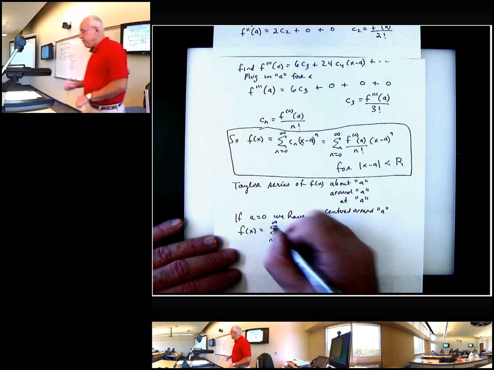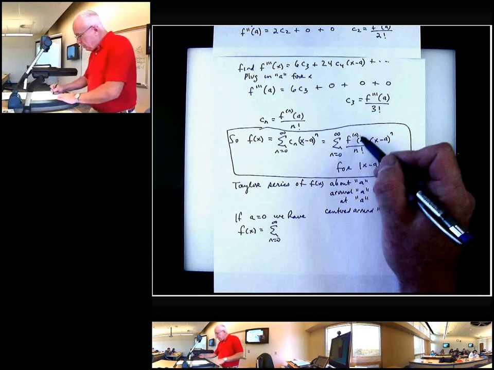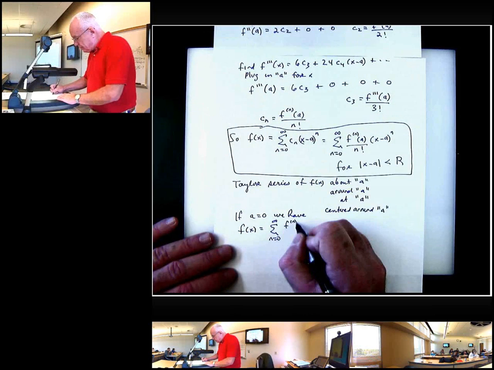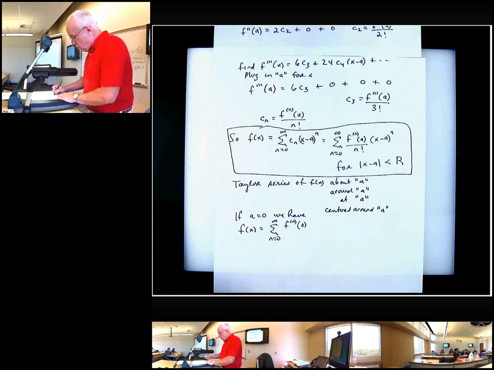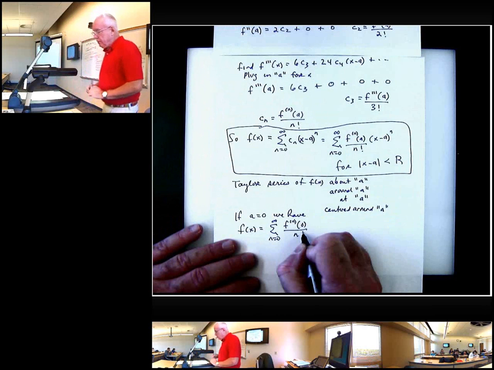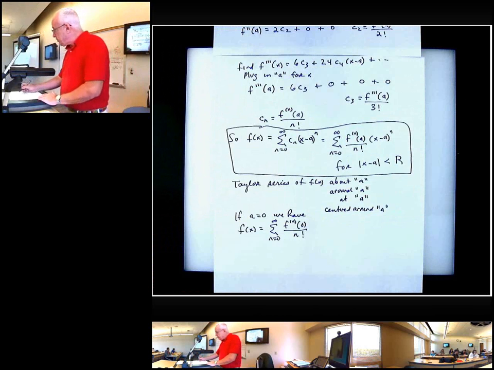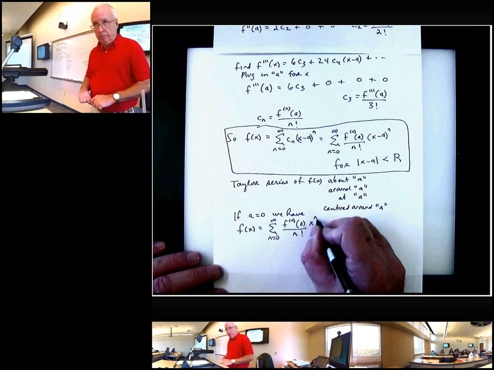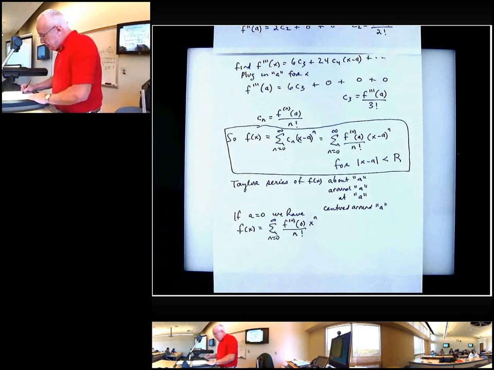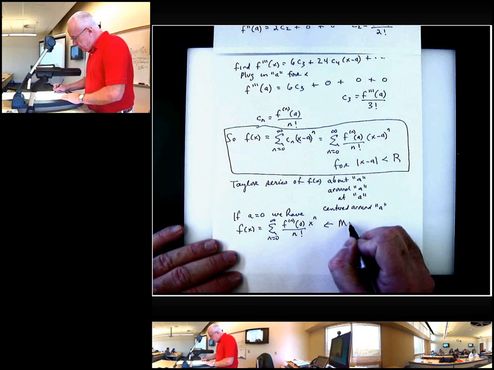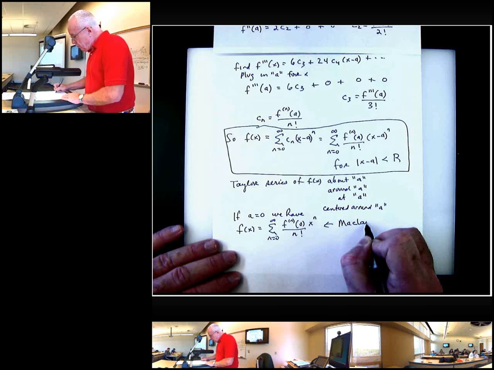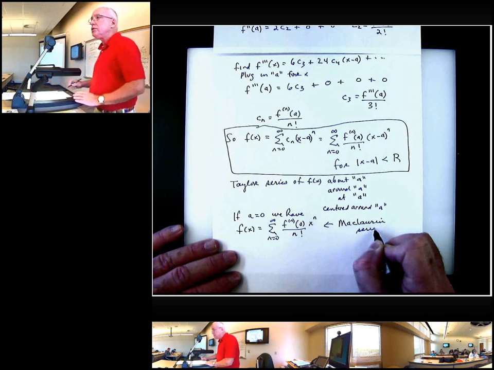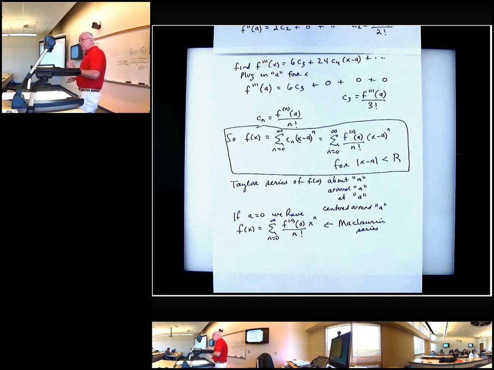Now instead of the nth derivative at a, we're going to put the nth derivative at 0 over n factorial. And then instead of x minus a to the nth power, we're just going to have x to the nth power. All right. And this is called the Maclaurin series. So if you're asked on homework or a test to do some kind of Maclaurin series, that means you're using 0 instead of the general number a, right?